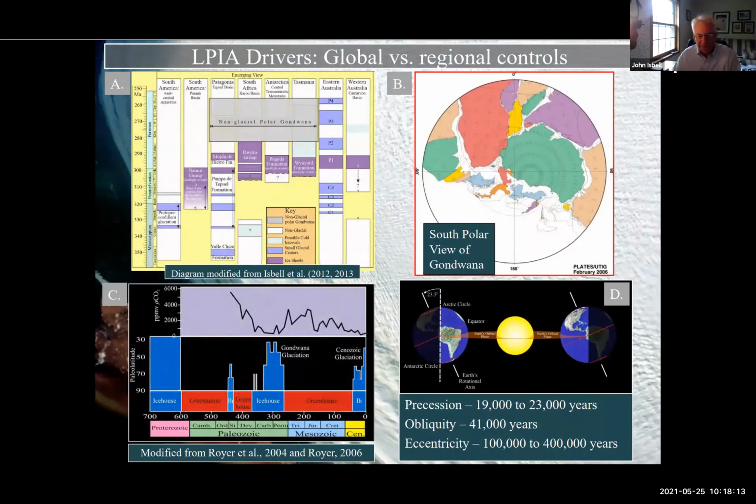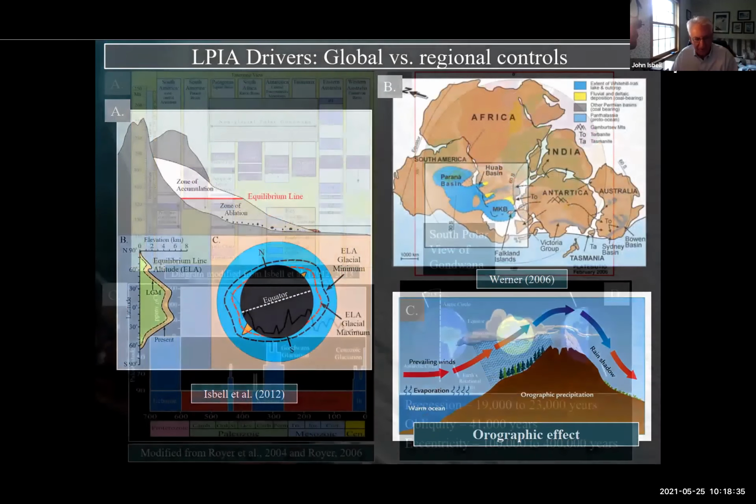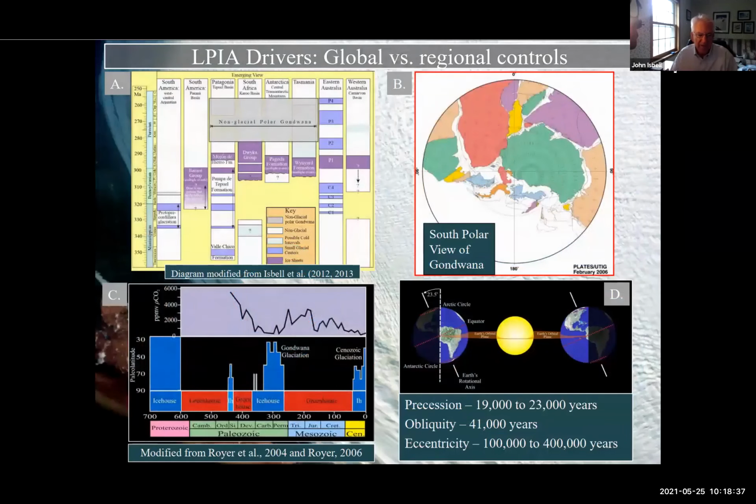When we start thinking of first order drivers and we start looking at the distribution of glaciation and when glaciation occurred in Gondwana, we can first think of the positioning of the continents as a first order control, and we can think of the CO2 and greenhouse insolation across the Earth for driving glaciation, and these 1 to 10 million year long glacial events. Fluctuations within those are most likely the result of orbital parameters. Next.